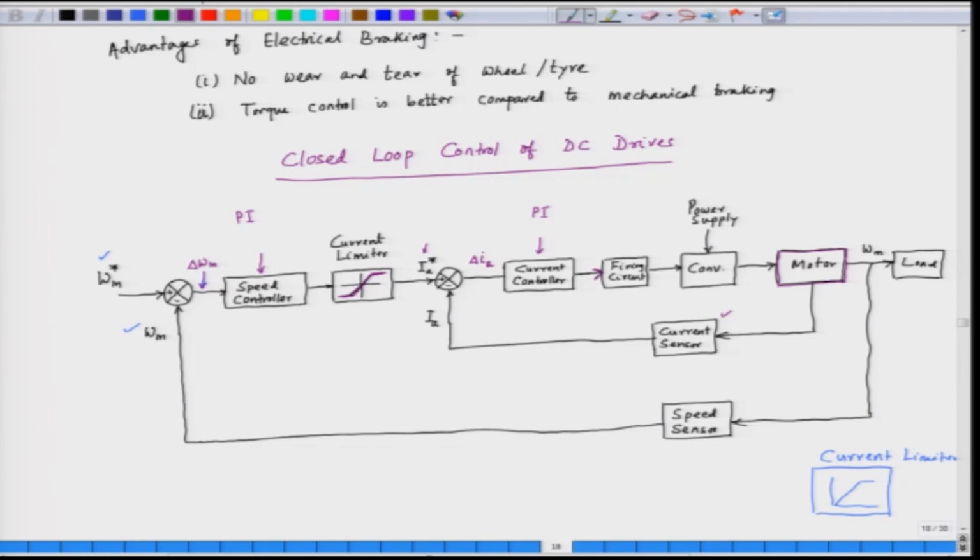So, when we are controlling the current, we are also controlling the torque of the motor. If we compare this to the PI controller, the current controller is usually a fast controller. So, the current controller is faster than the speed controller.